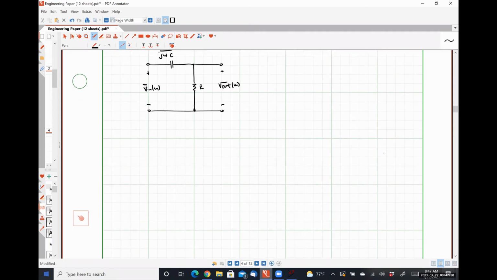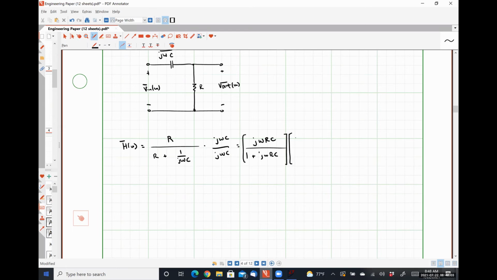So our transfer function for this guy, H of omega, is simply going to be R divided by R plus 1 over j omega C. We can multiply by j omega C over j omega C, yielding j omega RC divided by 1 plus j omega RC.